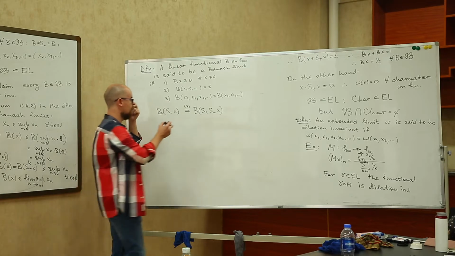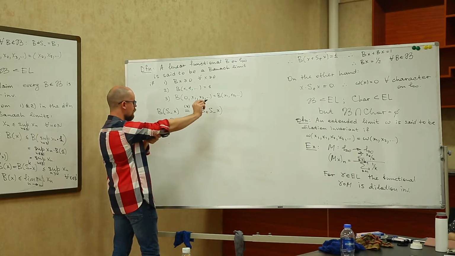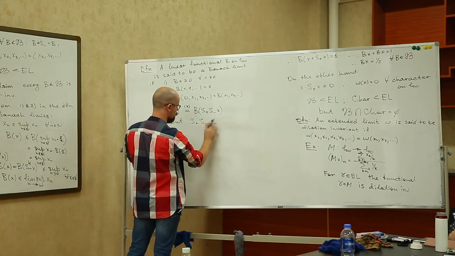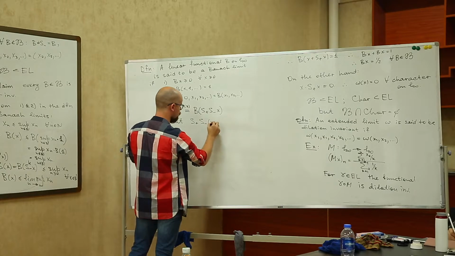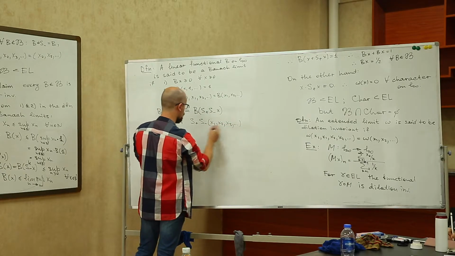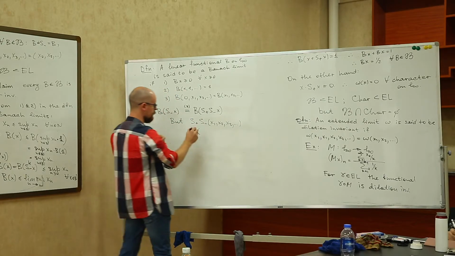But S plus S minus of (x1, x2, x3, ...) is nothing but: first we shift it and then add 0.